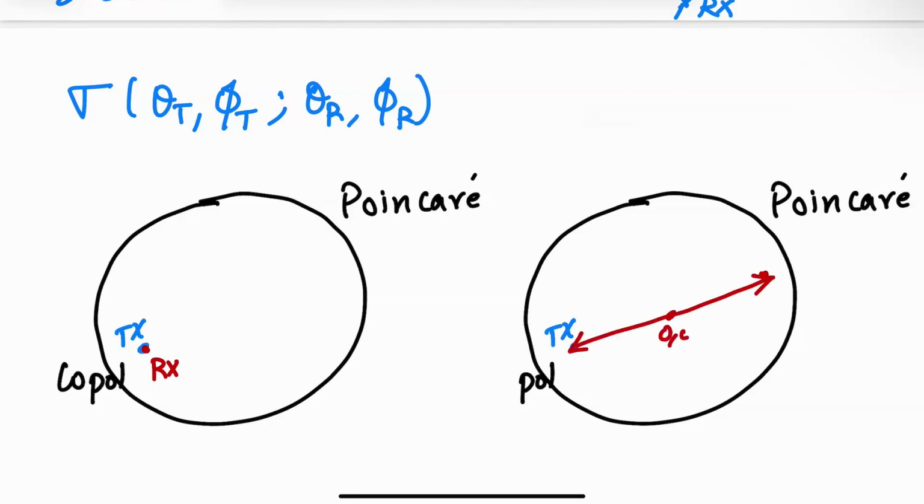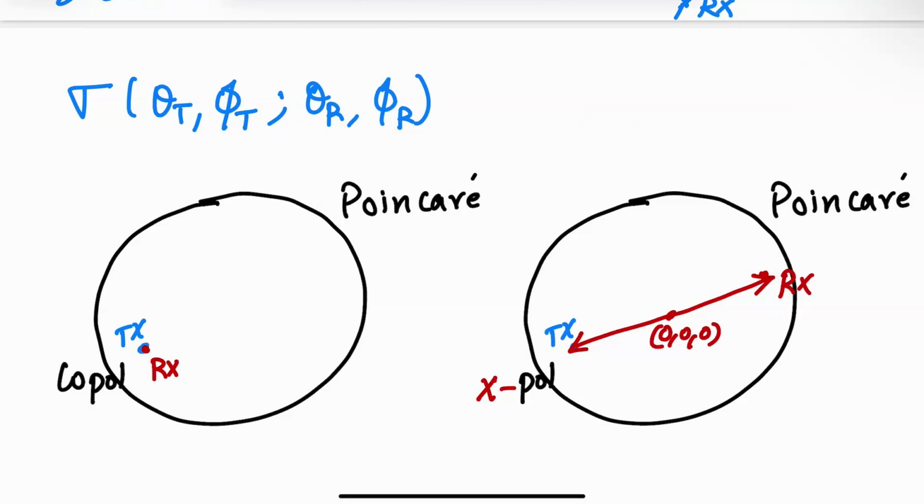So this is the origin, and my receiver is on this side. Then this becomes cross pole, sometimes called X pole. So I'm sending one polarization and receiving the opposite polarization, and that becomes the cross pole. Okay, this is in the polarization sphere. Of course, you can have copole and cross pole for both monostatic and bistatic RCS.